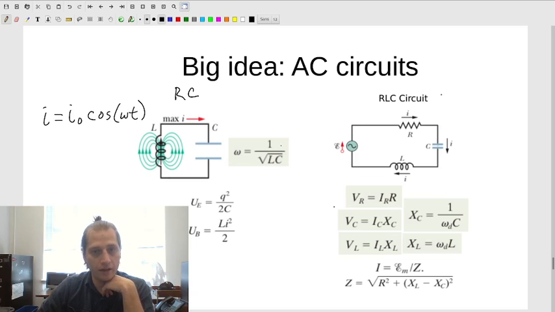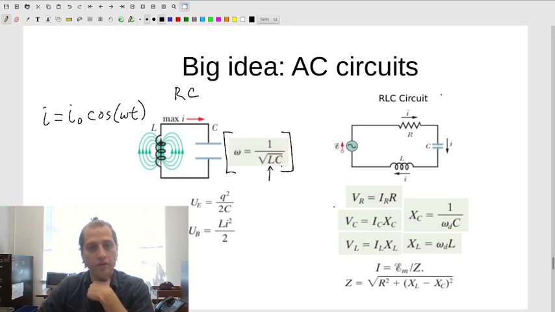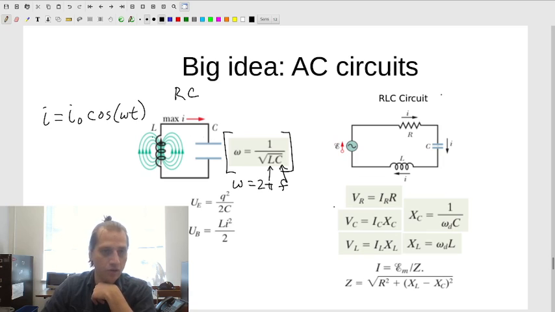And the omega depends on your L and your C, the inductance in henries of the inductor and your capacitance in farads of the capacitor. And if you take that together, you get something that's in radians per second. And keep in mind, this is still 2 pi times the actual frequency that it takes for the current to start at 0, go one way, charge the capacitor completely the other way, discharge the capacitor, and recharge the capacitor so it's at its initial condition.